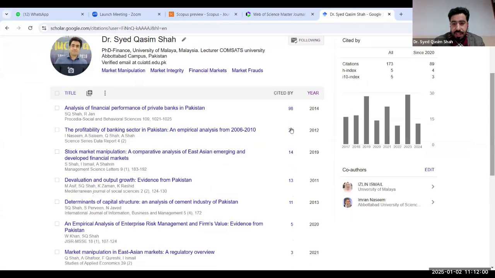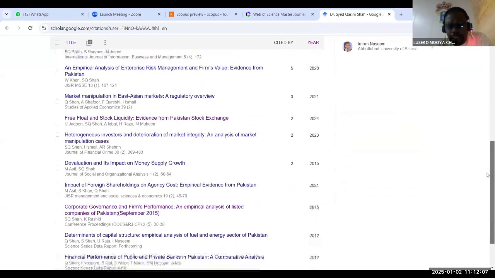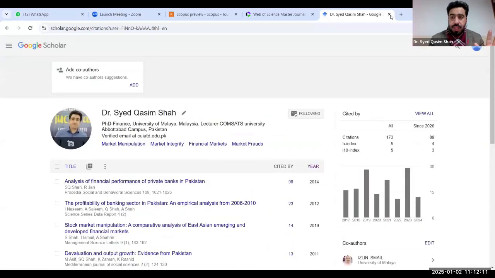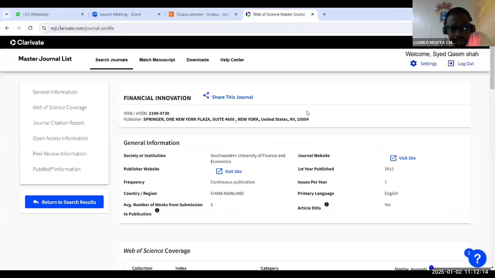This article has been cited 23, 14, 13, 11, 5, and so on. You see, all the articles, we can see the whole list. This is all my articles. I will maintain my profile. So every time I get a citation, I am informed via these different databases. So I have this information. Every time you do some research, you will get this information.